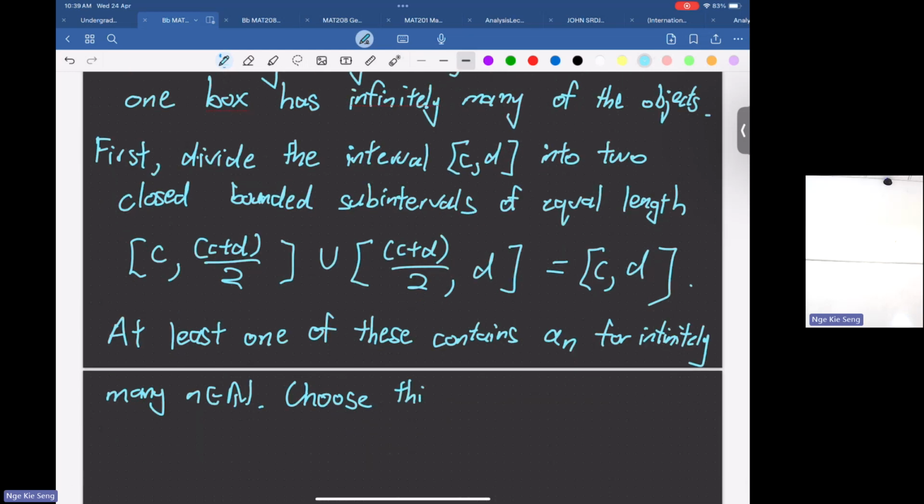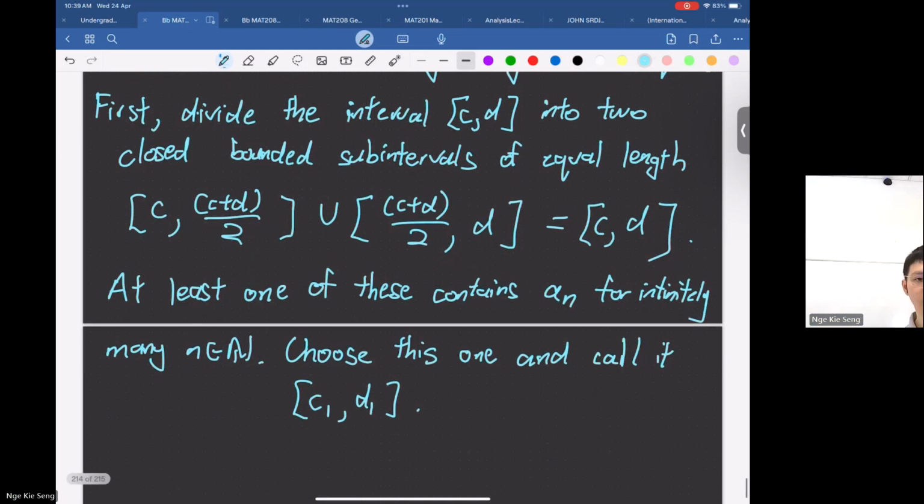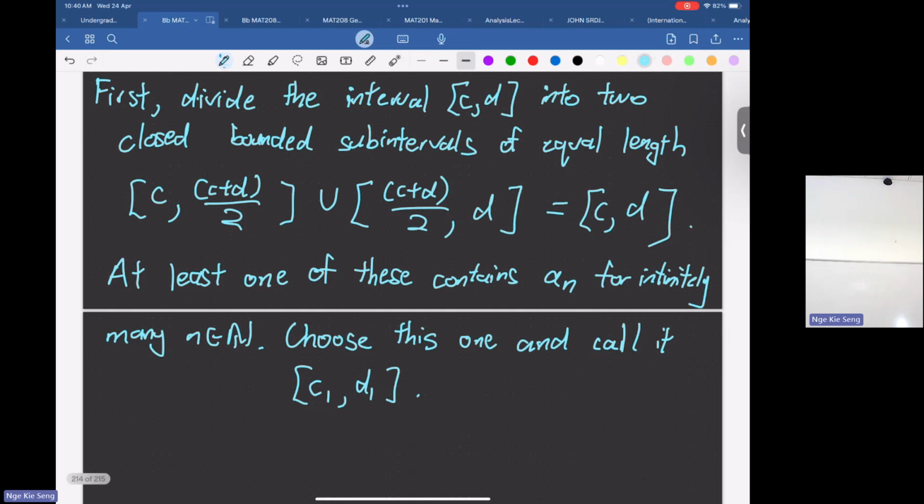Once you pick it, let's call it [C1, D1]. And what can we do? We can build a subsequence here. How do we build a subsequence?